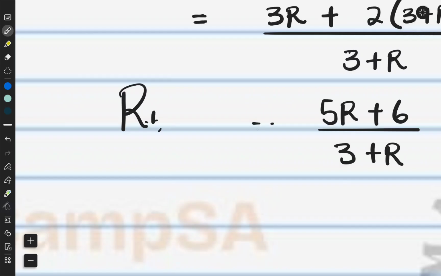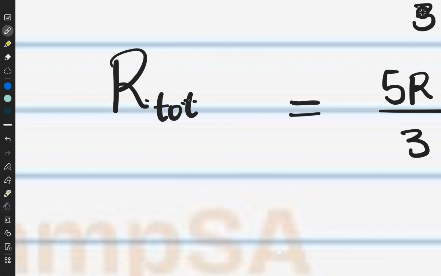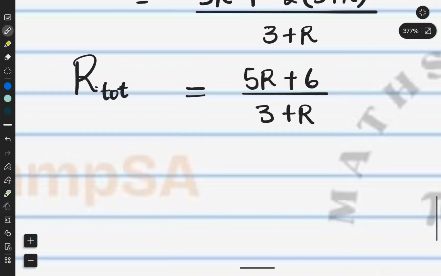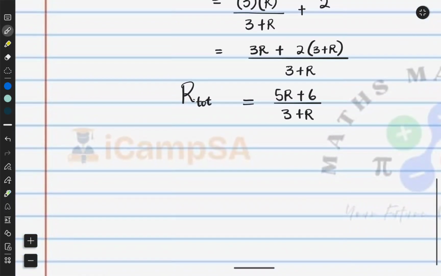That tot means total resistance. I don't want to write it like this. I want to write total, but I don't want that. So I write tot. Tot sounds cooler, if you know what I mean. So R tot is equal to 5R plus 6 over 3 plus R.